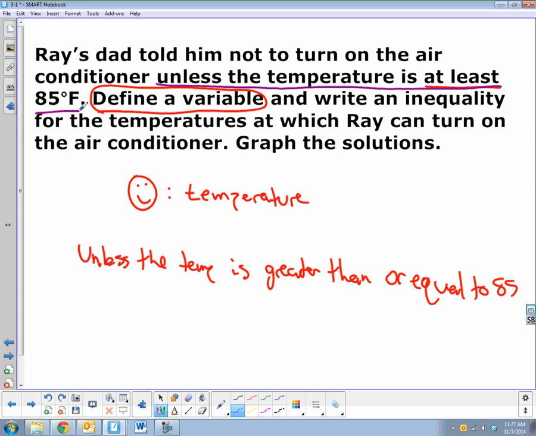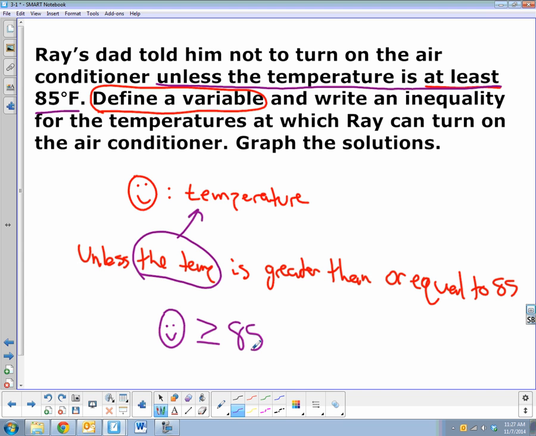Okay, so here, the temp, we don't know, but I've defined the temperature as being smiley face. Here's my variable. Is greater than or equal to 85 degrees. There we go. I've written an inequality for the temperatures at which Ray can turn on the air conditioner.